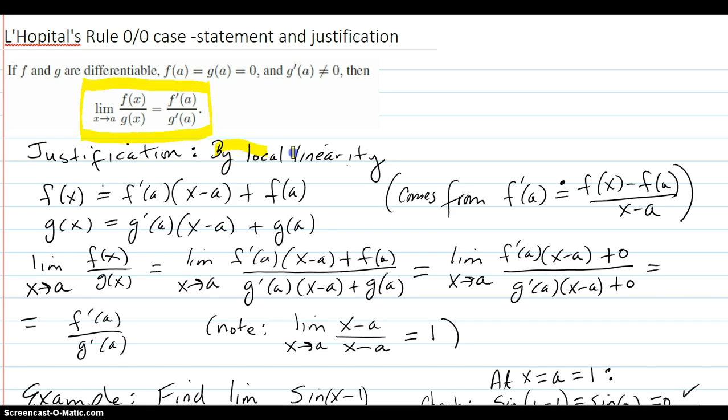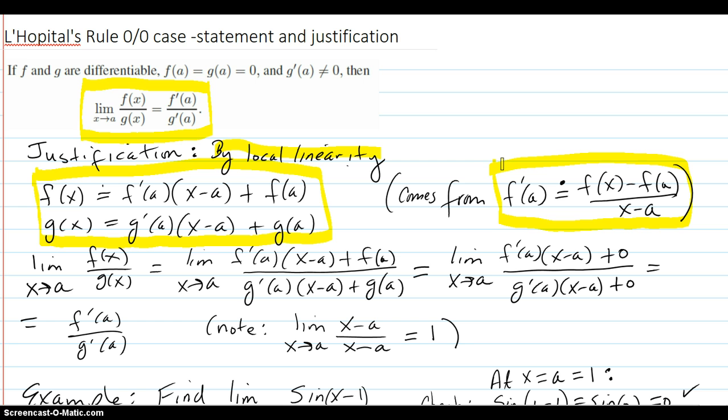By local linearity, we know that f and g have these forms. And you might not remember where those come from in Calculus 1, but here they are right here. It comes from the limit definition of the derivative. F prime of a is approximately equal to this difference quotient right here.